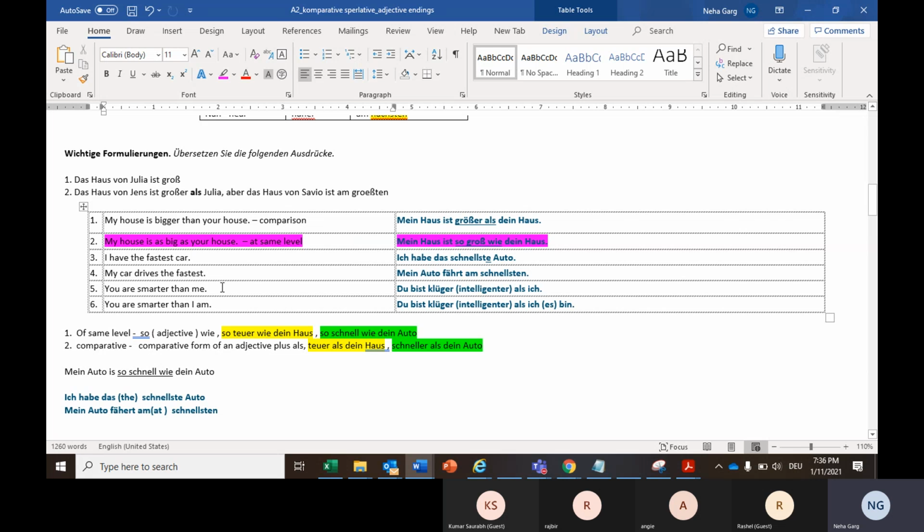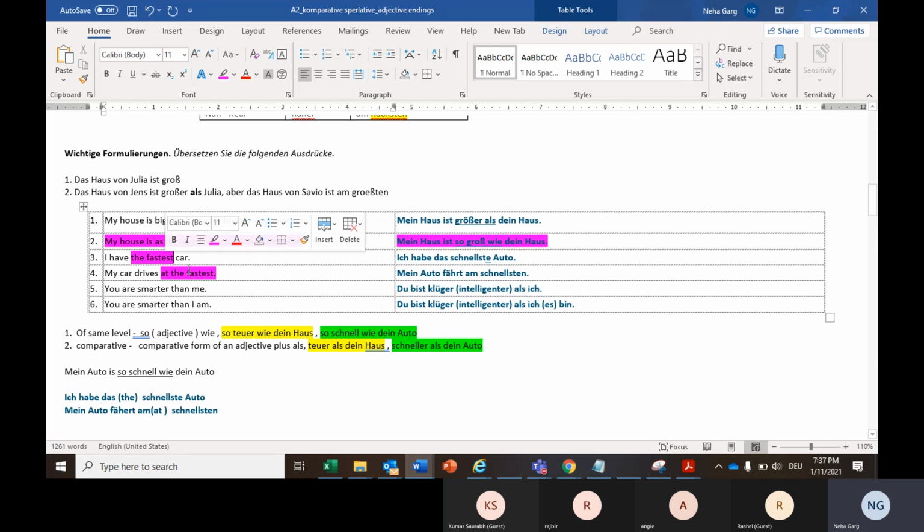It might not be the fastest in the world, but it drives at its fastest level. So here, how I'm writing it, das schnellste Auto. Here I'm not saying am schnellsten, because am schnellsten means at fastest. But here I'm saying I have the fastest car. So this is the fastest and this is at the fastest. These two are separate things.